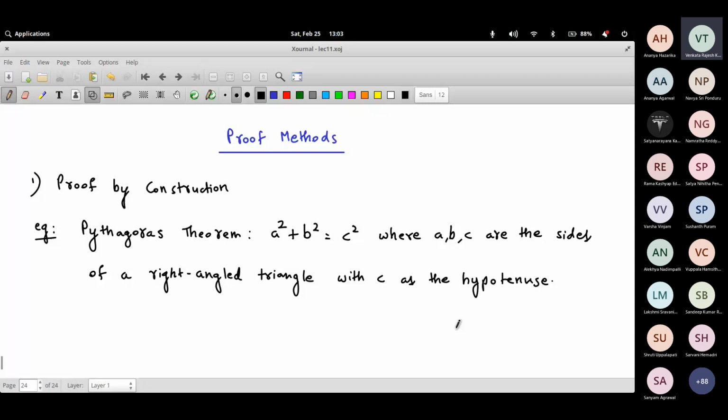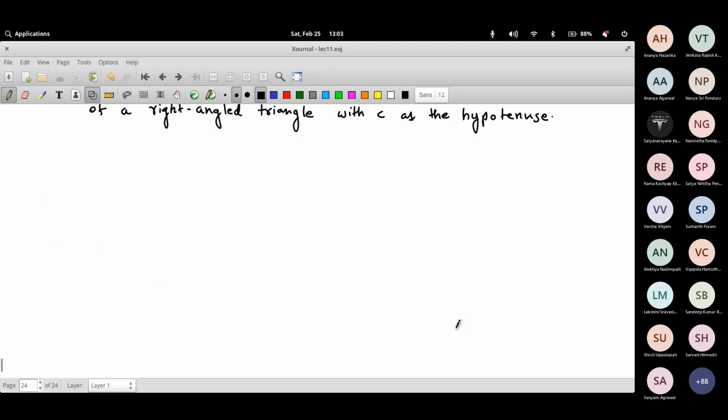All right. So what we will do, we will construct a special square out of this triangle by replicating this triangle 3 more times. So we will have 4 triangles in total, and using these 4 triangles, we will construct a special square. So once we construct that, we will use it to make our point. We will use it to prove the theorem. All right. So first let me draw the outer square.